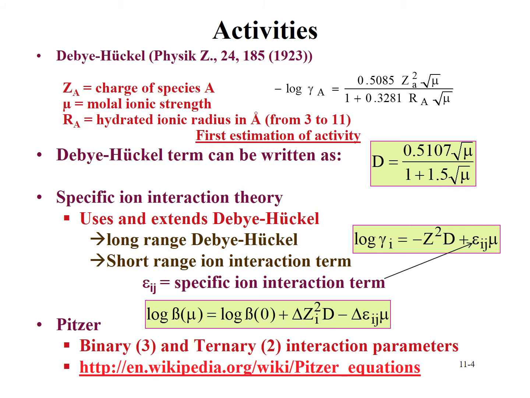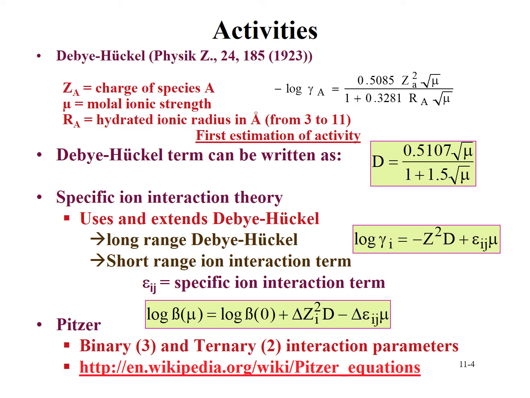And when we say specific ion, that will interact with the metal ion that you're interested in evaluating, chlorides, nitrates, etc., have different specific ion interaction terms. One can wrap up all these terms together and develop an equation which says the log of the complexation constant at a measured ionic strength is equal to that at 0 ionic strength plus this function of the Debye-Hückel term minus the specific ion interaction terms times the molal ionic strength.